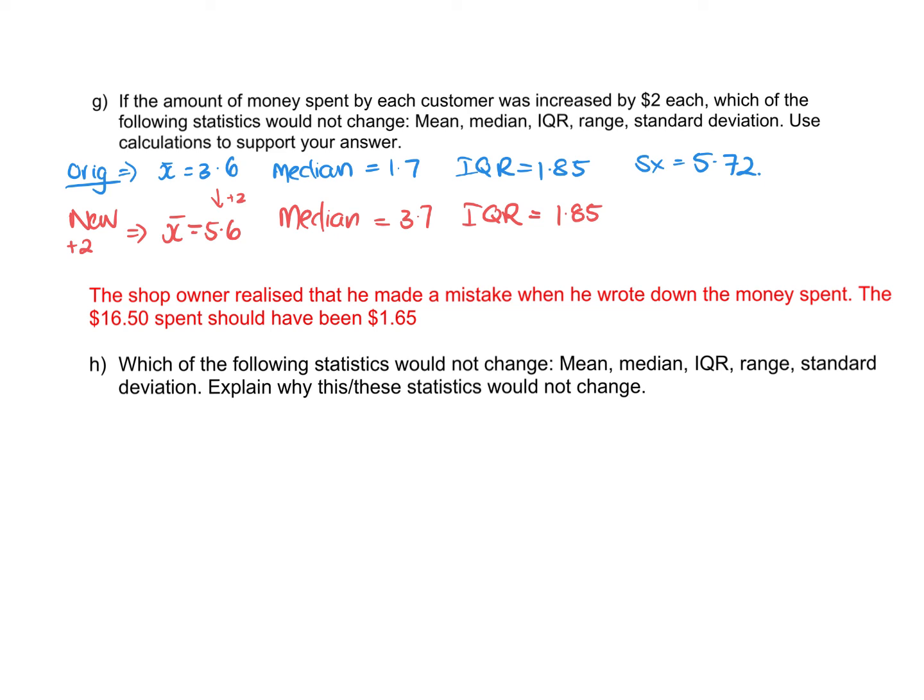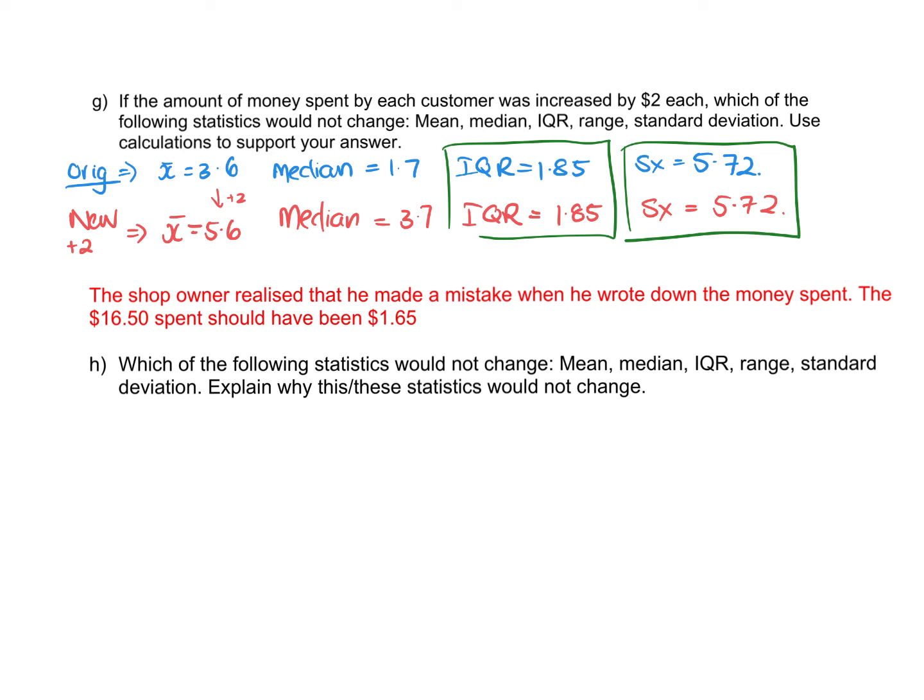And the standard deviation also ends up being the same. So it said, which one would not change? So we see these two not changing. And that makes sense because we've added 2 to every bit of the data.